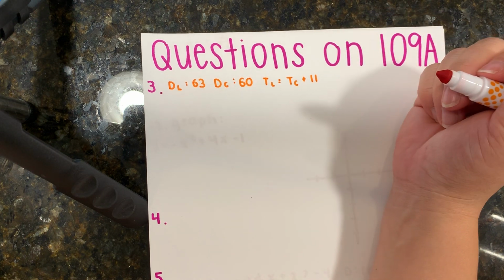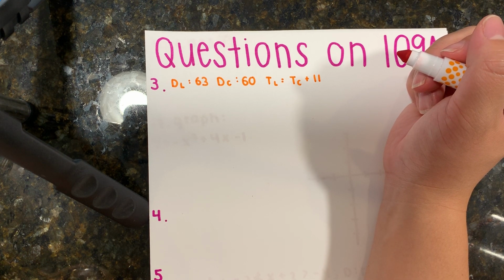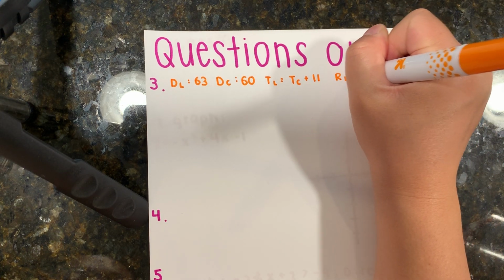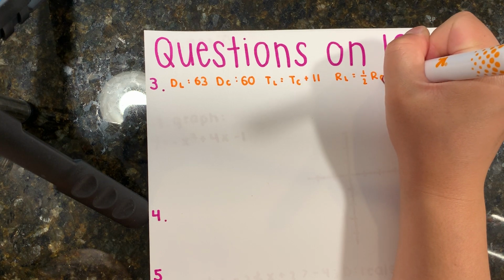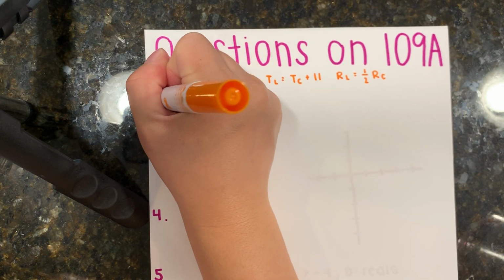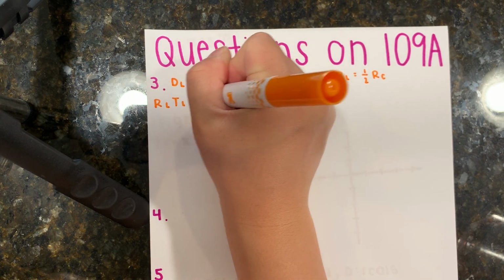It also tells me something about their rate: Lucretius traveled at half the speed of Cassius, so the rate of Lucretius is half the rate of Cassius. I know that distance is equal to rate times time, so I have RL TL equals 63.